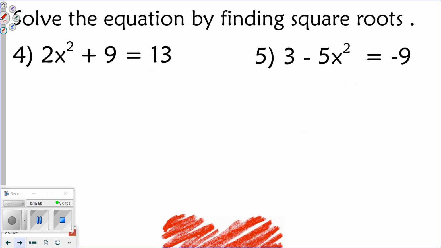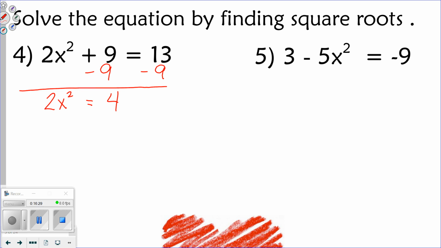Okay, number 4. Look at your x squared. There's a 2 over there and there's a 9 over there. Which one do I get rid of first? The 9. Okay, so we're going to subtract the 9. So we have 2x squared equals 4. Do I take the square root right now? I have students every semester I teach this think they're like, yeah, I'm good.